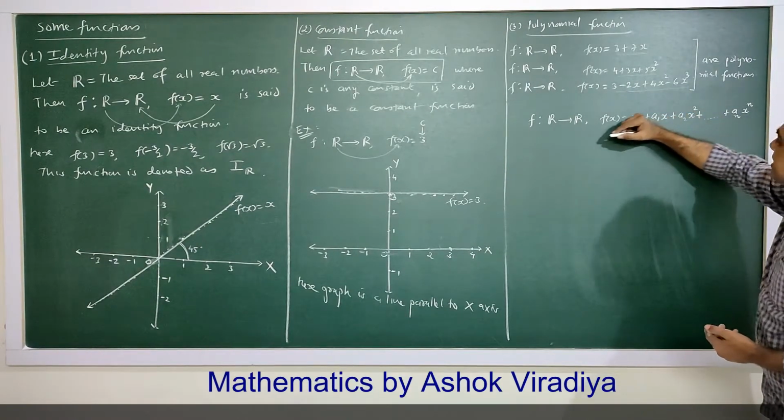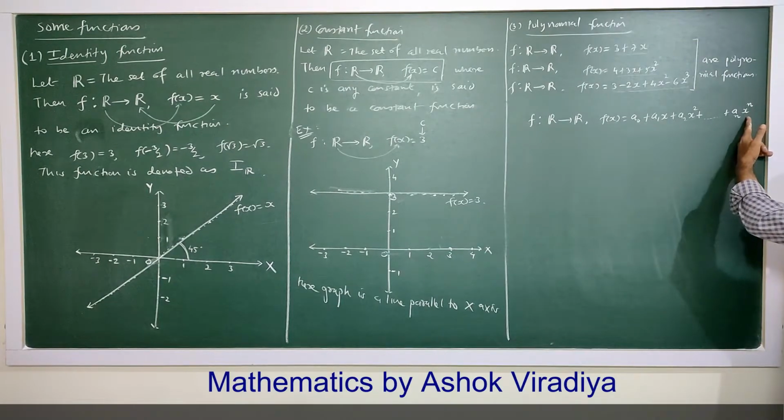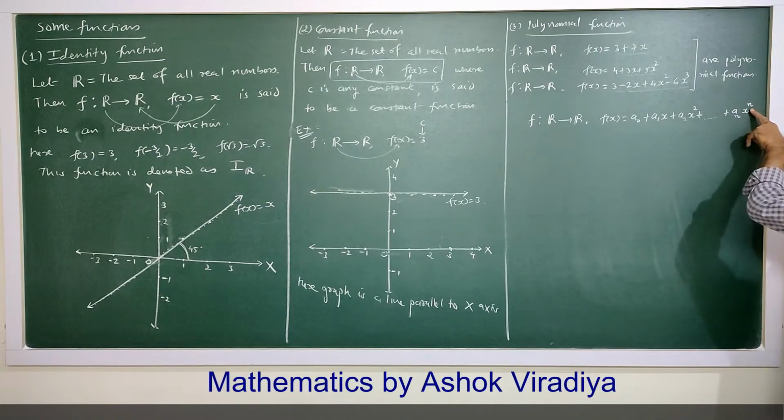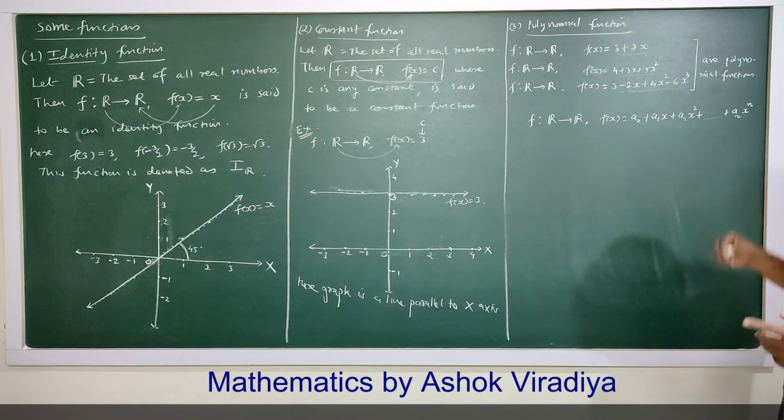So we can have a polynomial with any degree n. Here n is a non-negative integer, any non-negative integer.